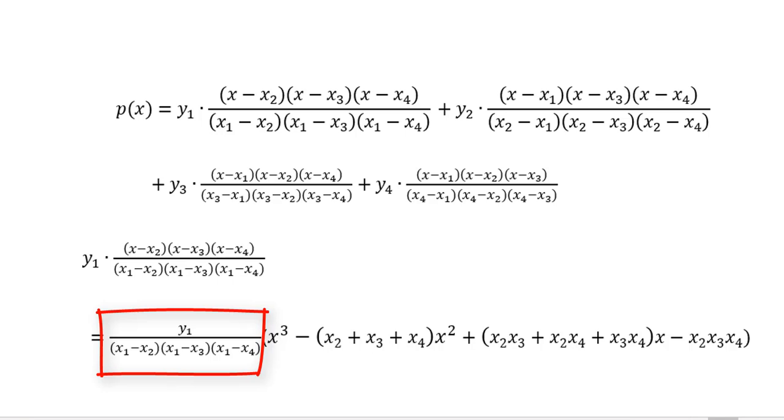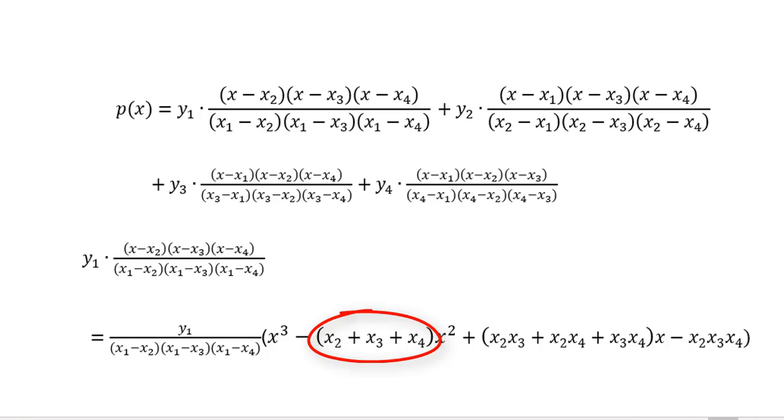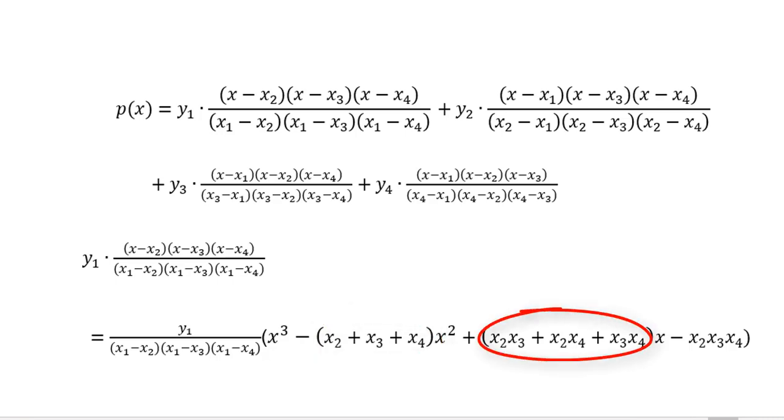And for this coefficient, x2 plus x3 plus x4, and x2 times x3 plus x2 times x4 plus x3 times x4, and also x2 times x3 times x4.